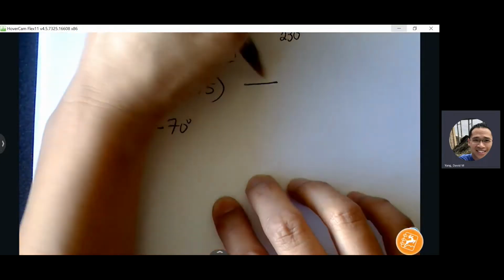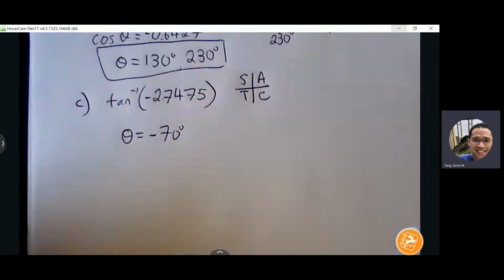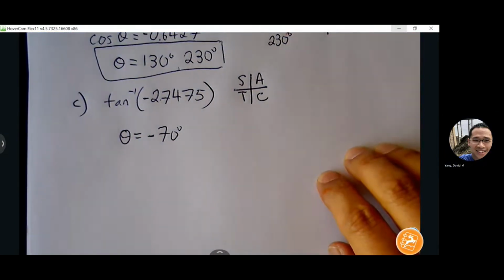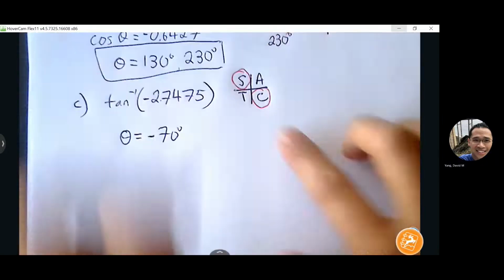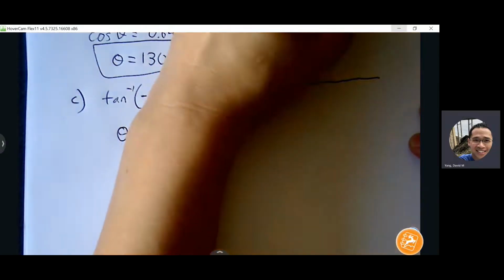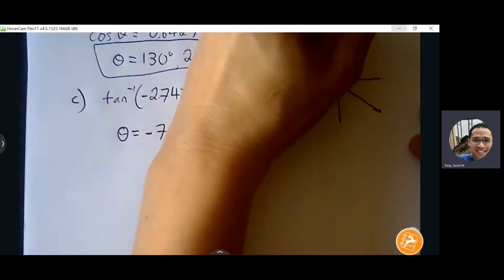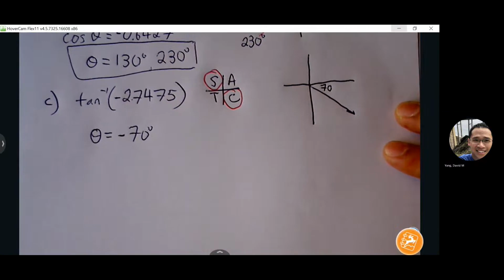All right, let's think for a moment here. Which quadrants do we want to live in where tangent is negative? Second and fourth, yeah. Negative 70. We know that's in the fourth quadrant, and that's also going to help us understand what our reference angle is. This is going to be 70 degrees.